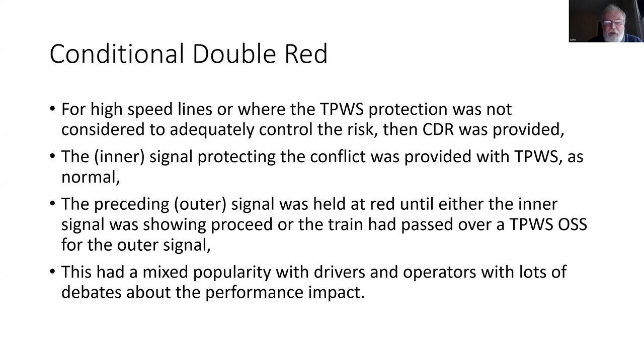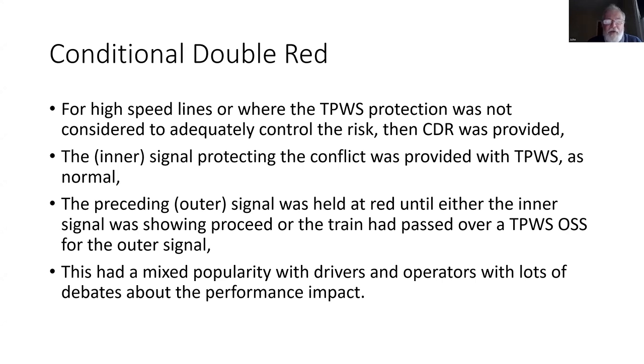CDR had a mixed popularity with drivers and operators. There were long debates about whether they improved the performance or had a negative impact. If the inner signal was red and was going to remain red, then braking early by the outer signal being held at red until the train approaches is not going to make any difference.